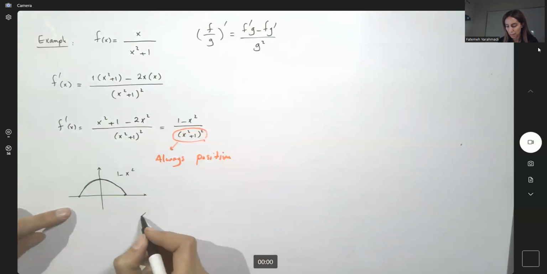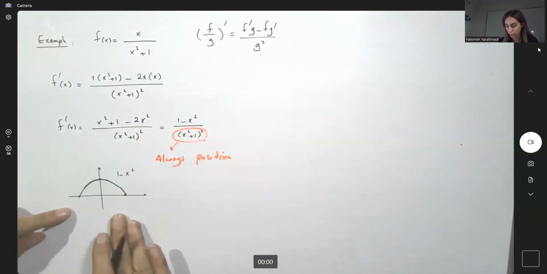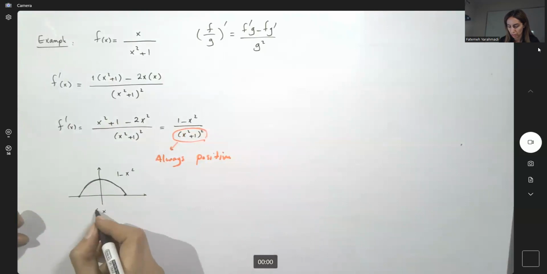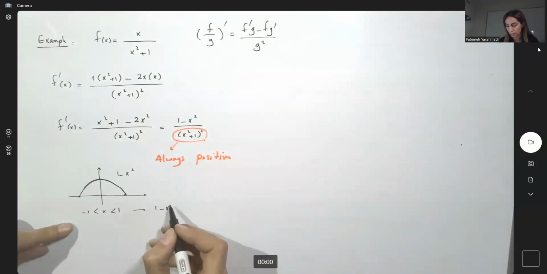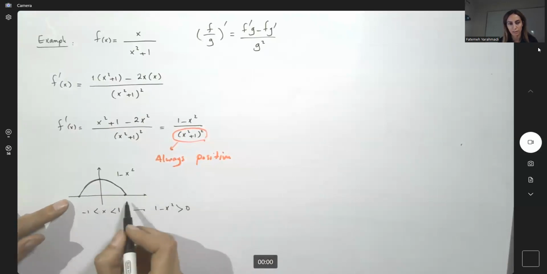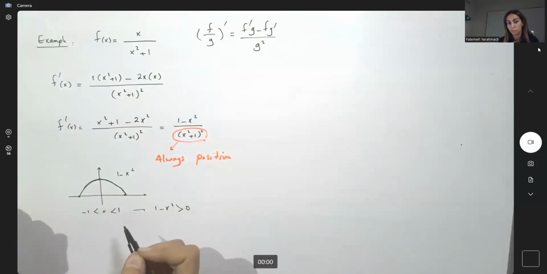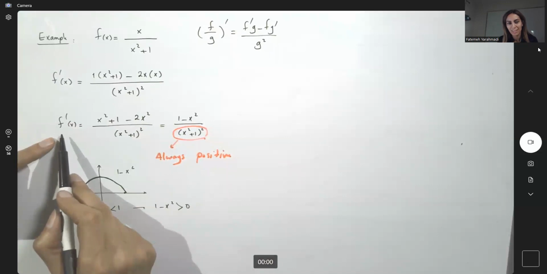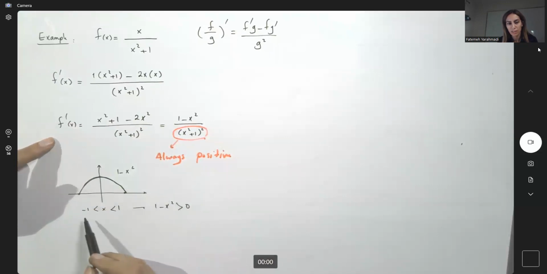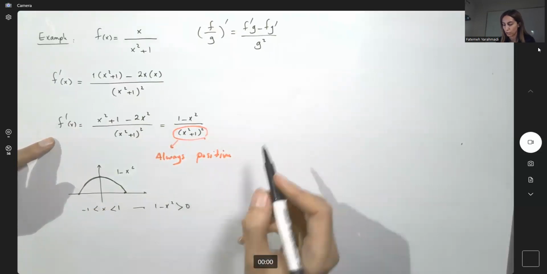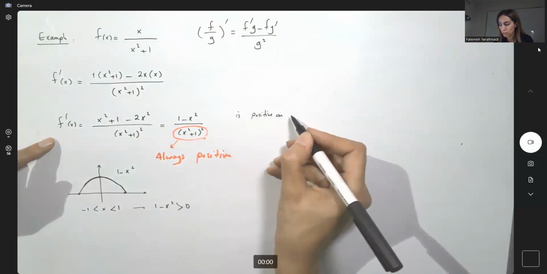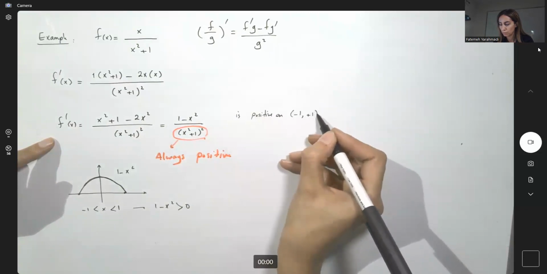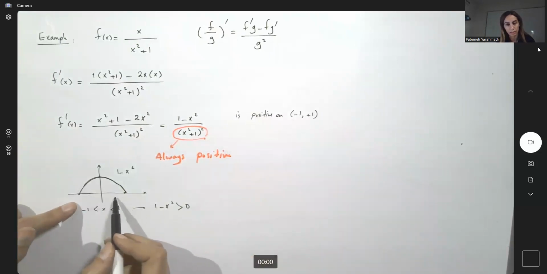If x is bounded between negative 1 and 1, so let's just write it here, bounded between negative 1 and 1, then y, or 1 minus x squared, is above the x-axis. It is positive. So f prime is going to be positive on the interval negative 1 to 1.